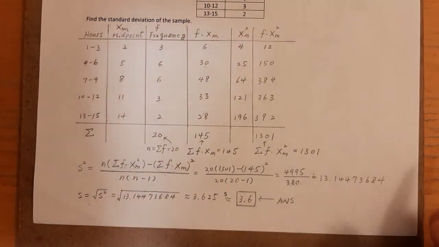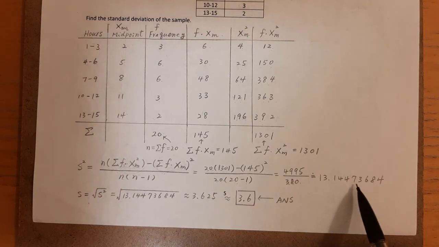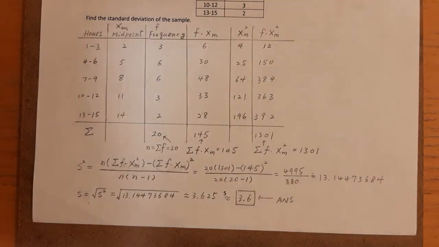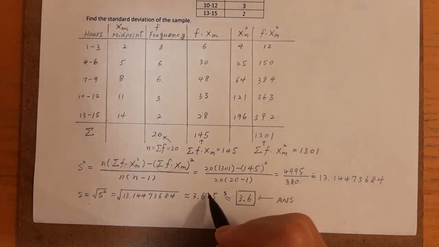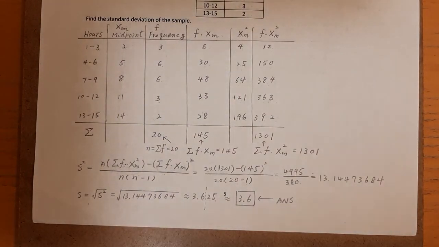Then divide it, you got 13.14473684. That's the variance. Take the square root, get the standard deviation 3.625. Round it, 3.6 is the answer.